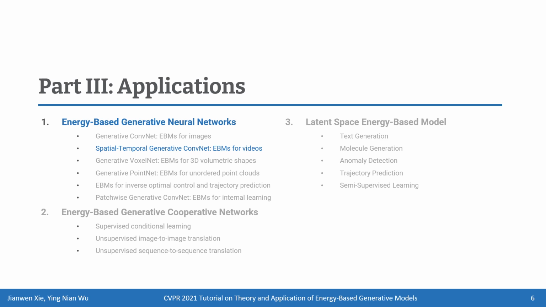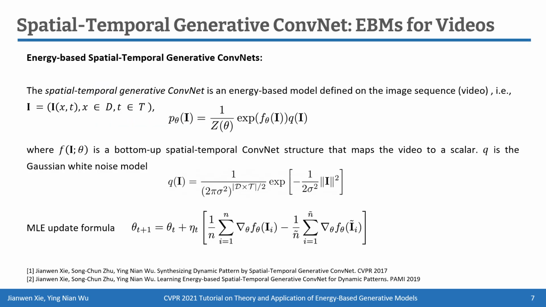Now let's move to the video domain. The Spatial-Temporal Generative ConvNet is an energy-based generative framework defined on video. It generalizes the generative ConvNet by using a Spatial-Temporal ConvNet to parameterize the bottom-up energy function, which is helpful to capture spatial-temporal information from videos.